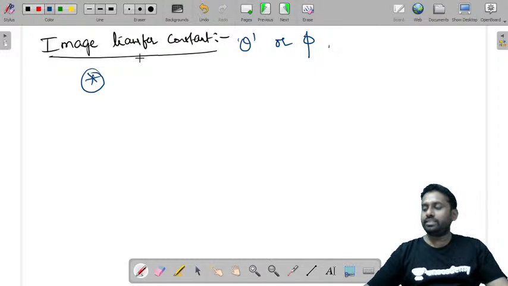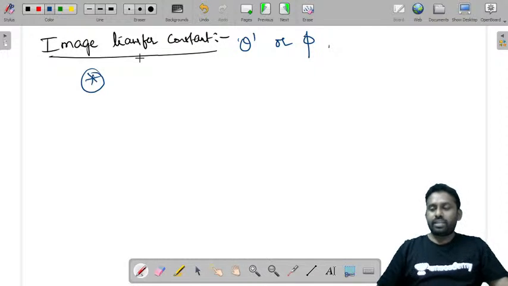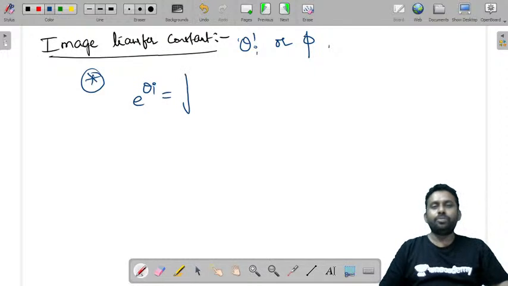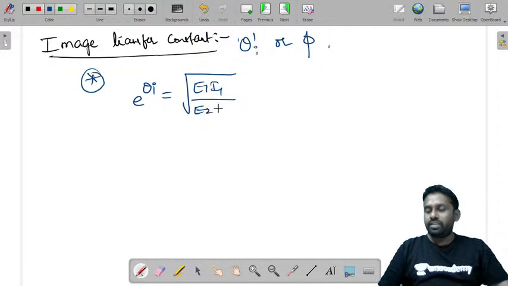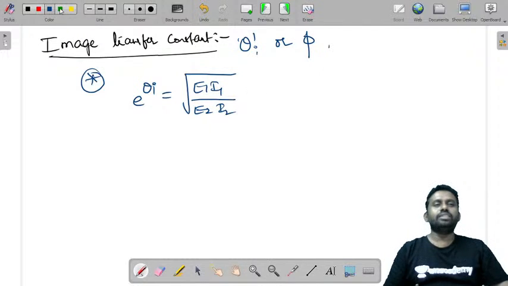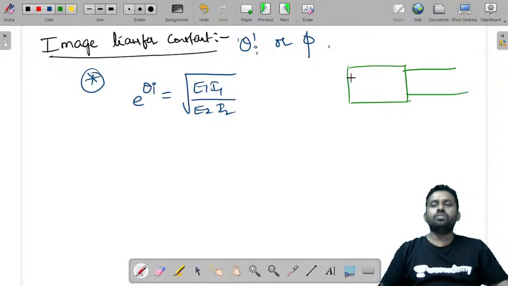You can consider the image transfer constant as theta I, and you can write e power theta I is equal to under root of E1 I1 by E2 I2. For this, you need a network which is supplied by some source and terminated by some impedance.